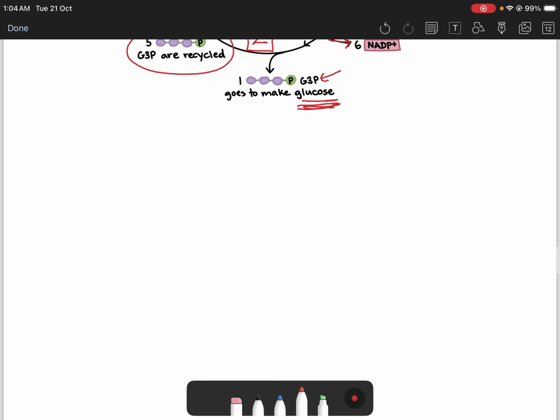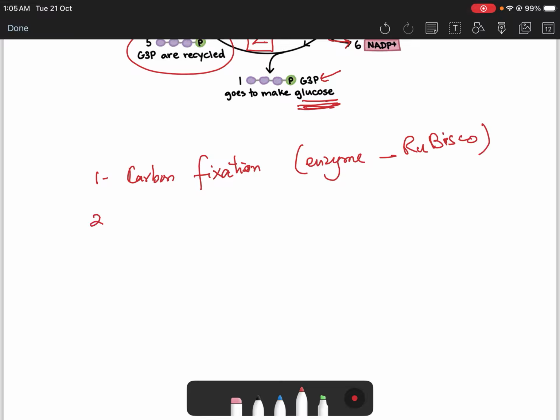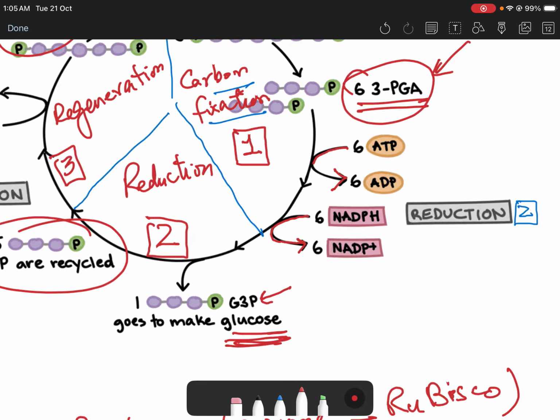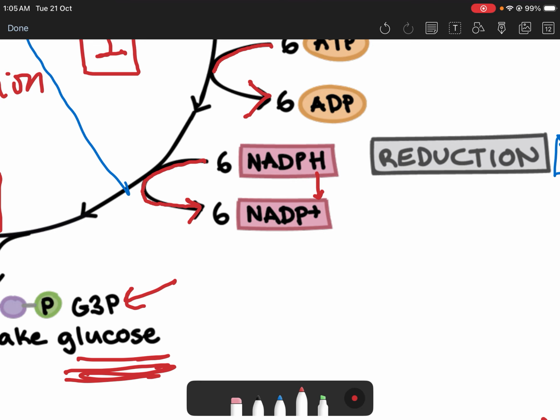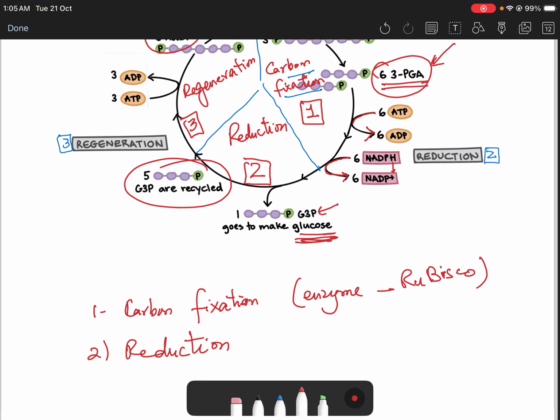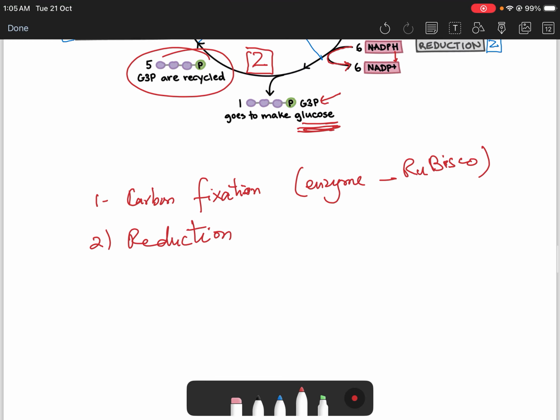So what are the 3 steps of this cycle? Number 1, carbon fixation. The enzyme involved in carbon fixation is Rubisco. Number 2 is reduction, and reduction means H will be added. This H is coming from here, so you see this is missing over here, this is added, and the process leads to reduction of the molecules.